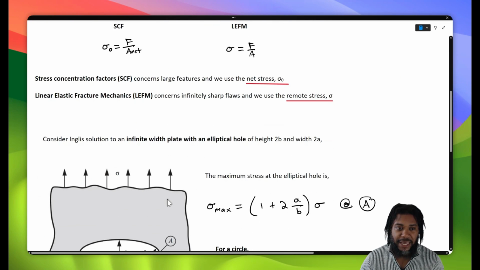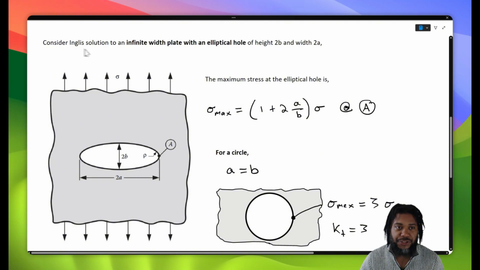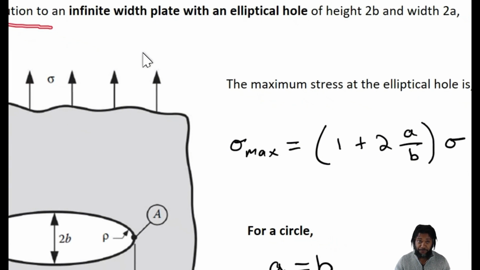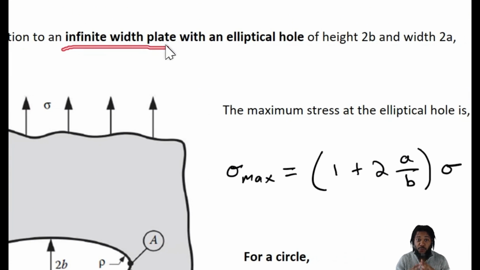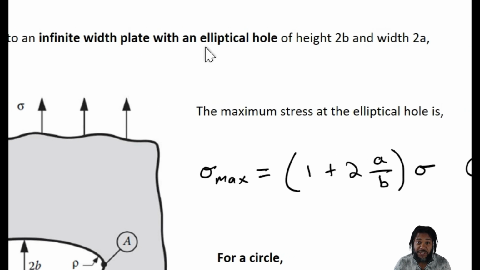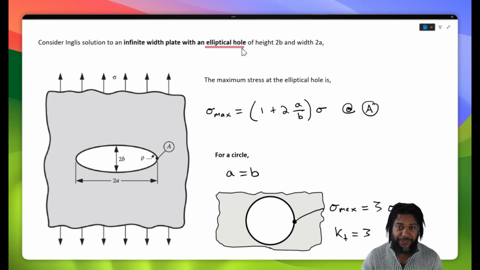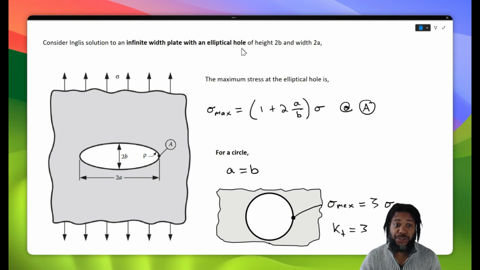So with that in hand, let's now consider Inglis' solution to an infinite width plate with an elliptical hole in that plate. In Inglis' solution, he derived the stress field equations for this specific geometry, where you can calculate every value of stress.